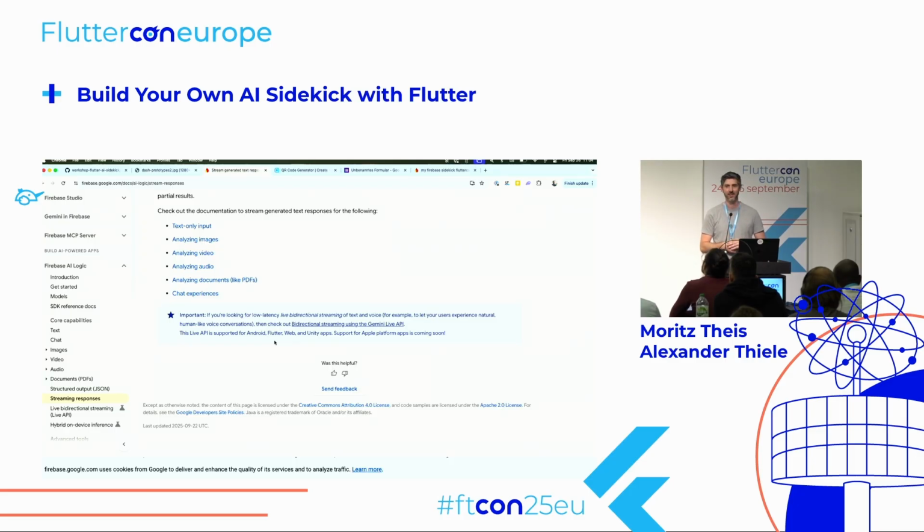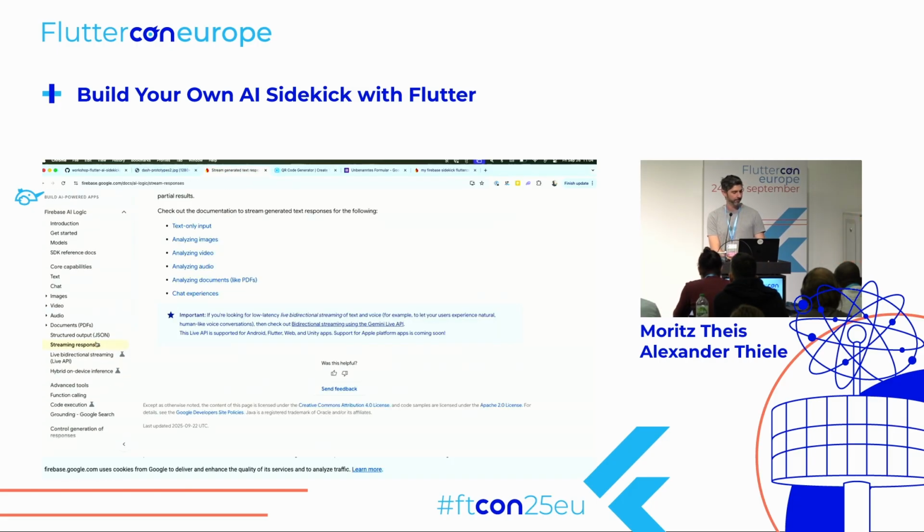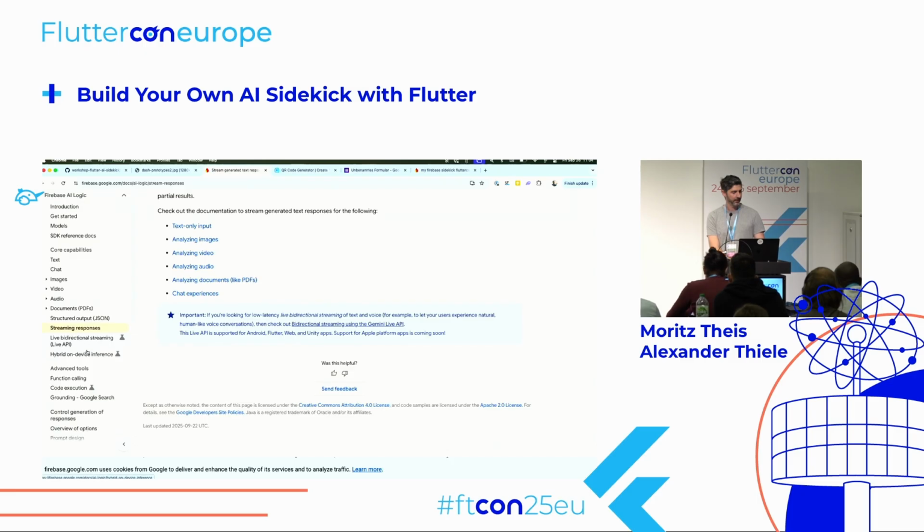So just a little warning, because we're now at the end of the instruction part, and we're entering the creative part. Now is the part where you have to shine and develop your own weird AI sidekick, whatever's in your mind.